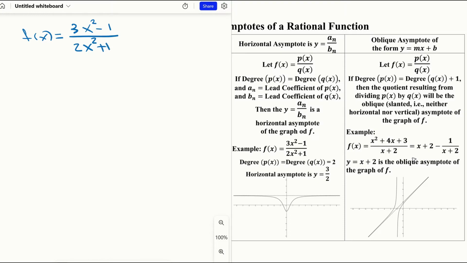So we're going to use the same trick and divide the top and bottom of this particular rational function by x squared, which is the highest power of x that we encounter.